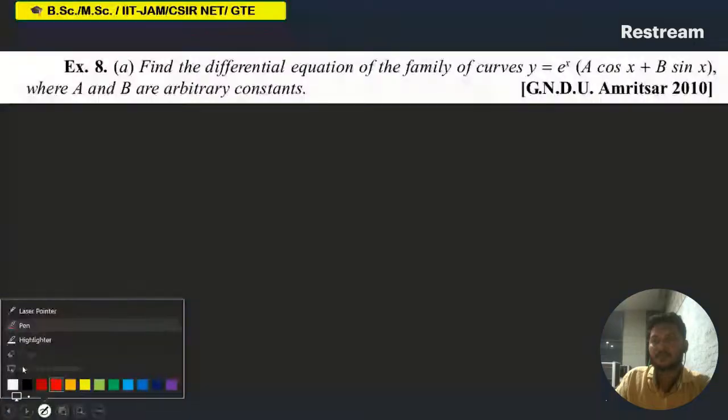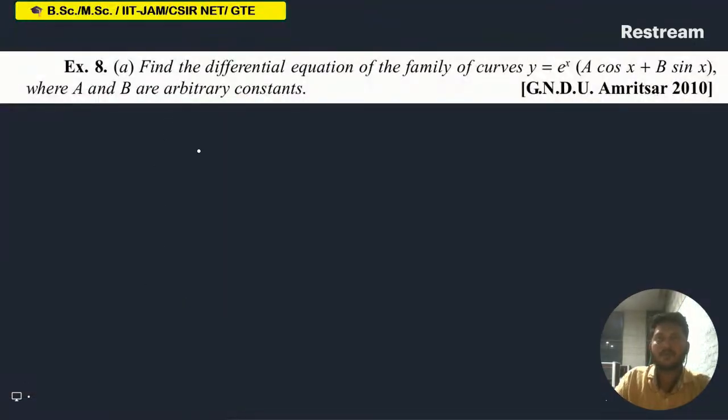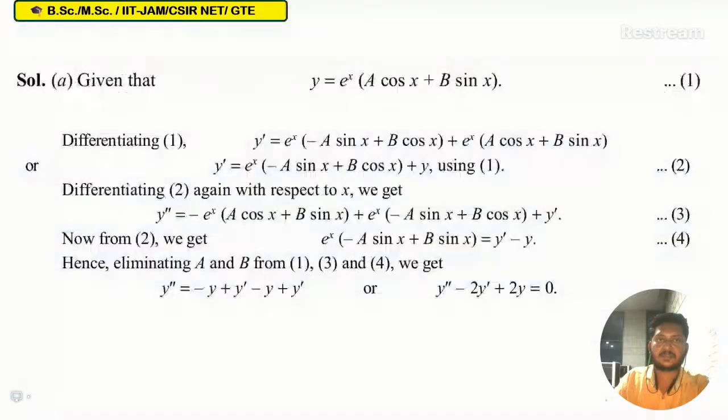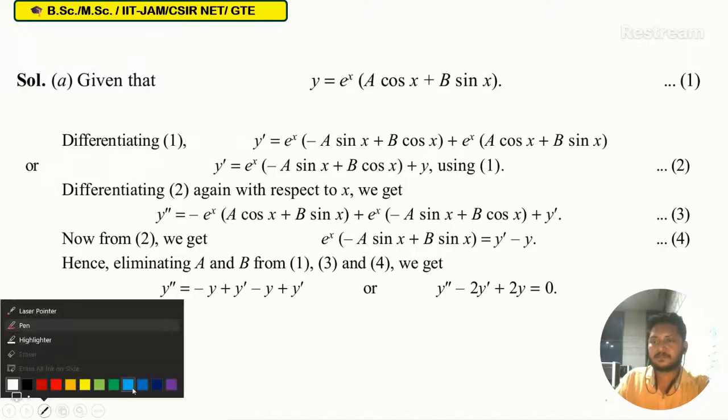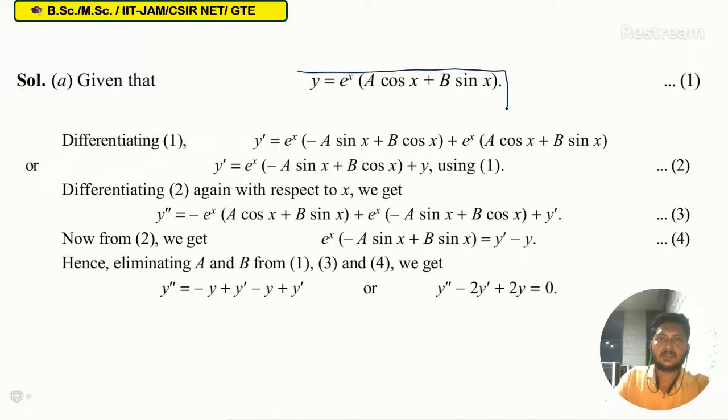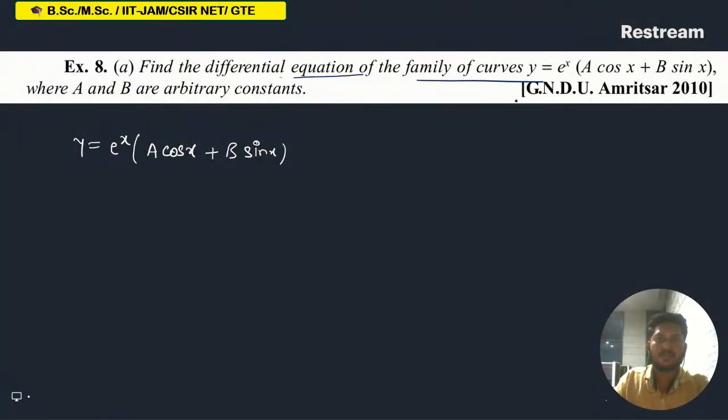Now one more question asking about this type of arbitrary constant. Find the differential equation of the family of curves y equals a e to the power x plus b cos x plus c sin x, where a and b are arbitrary constants here.